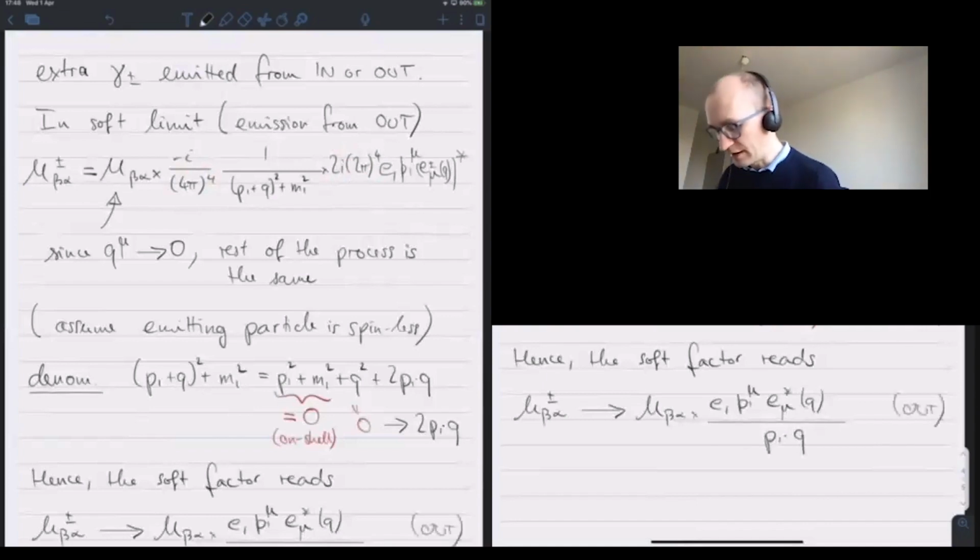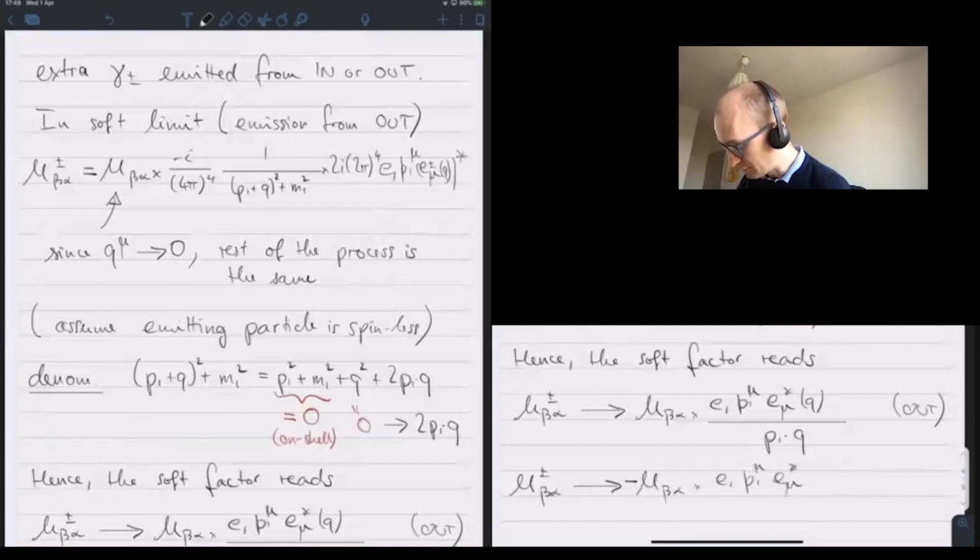And then because of momentum conservation, it works the other way around. You can convince yourself that m beta alpha plus or minus for a soft factor corresponding to an emission from the inline becomes m beta alpha, well, with a minus sign actually. So let me put the minus sign in front, times E1 P1 mu E mu star of Q divided by P1 dot Q. And that is from the inline.